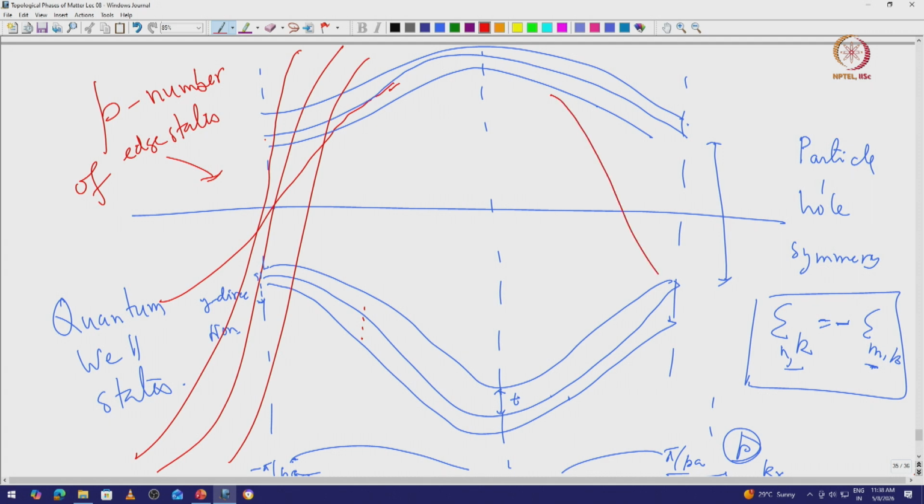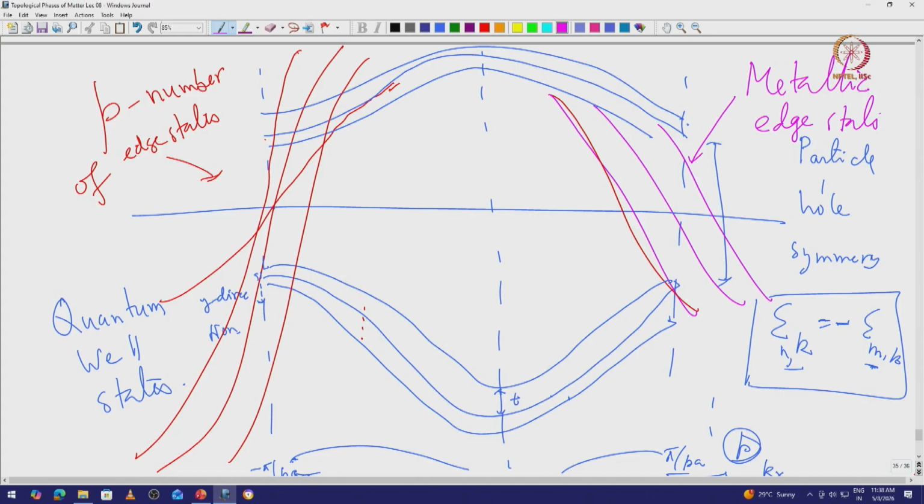And they will be dispersing this way. And they will pass through the Fermi level. So, metallic edge state.